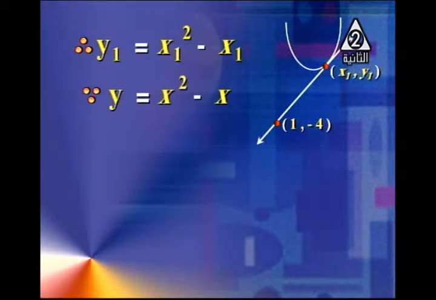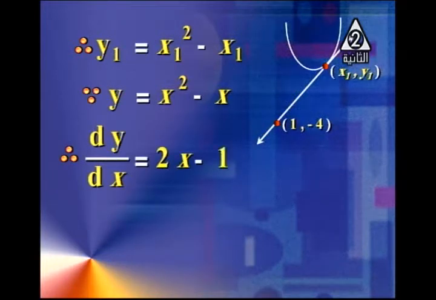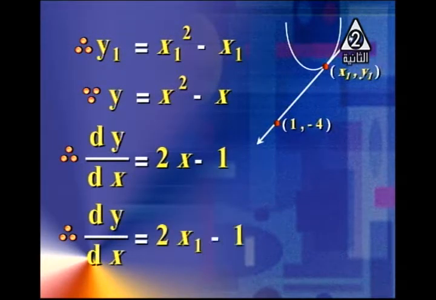Then, for y equals x squared minus x, by differentiation with respect to x, we find dy over dx equals 2x minus 1. Therefore, dy by dx at the point, where y1 equals x1 squared minus x1, becomes 2x1 minus 1.